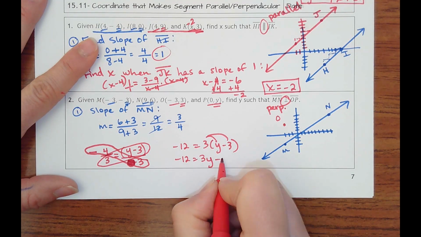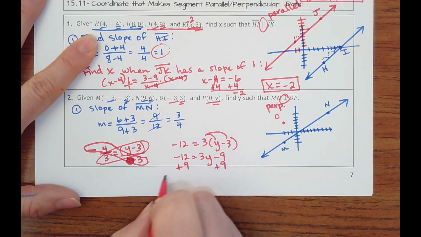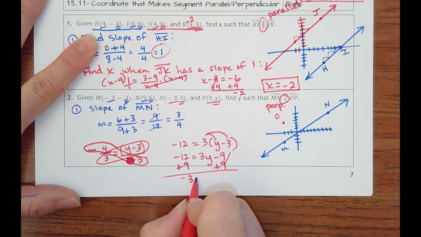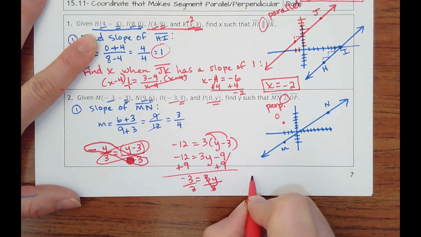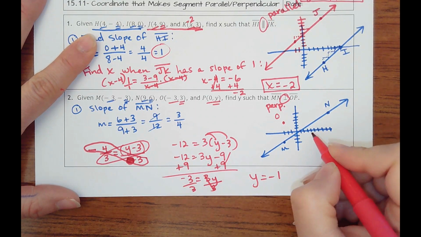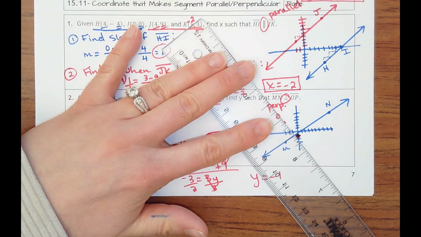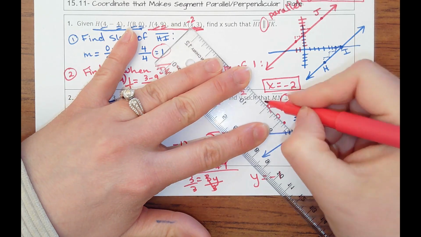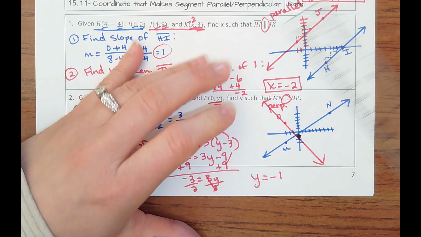So I get 3y minus 9, and then from there it's just solving a simple equation. Add 9 to negative 12, which is negative 3. Divide by 3. So y would be negative 1, which would put me right here and would make my lines look like this. And so yes, they do look like they would be perpendicular.